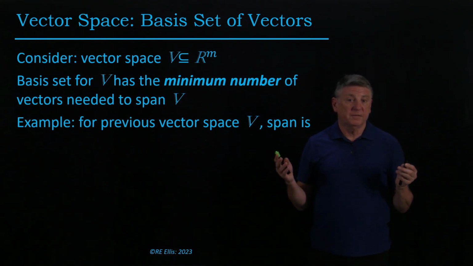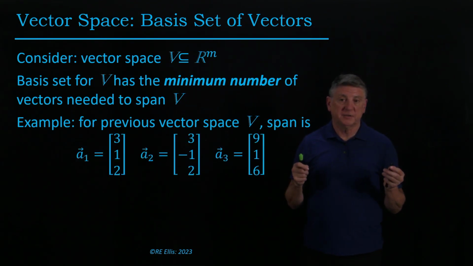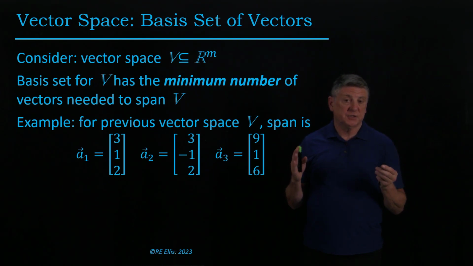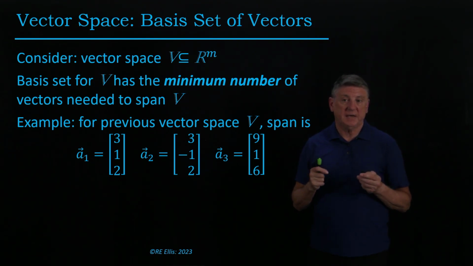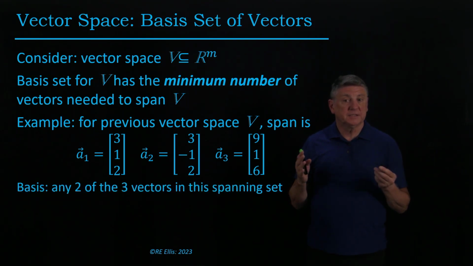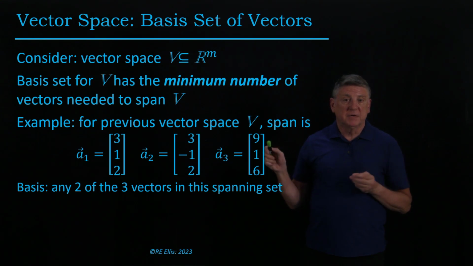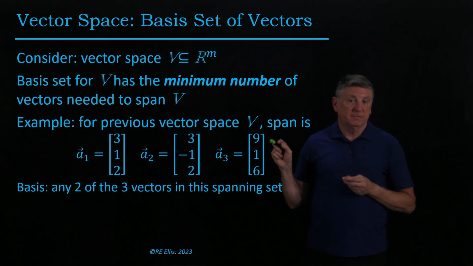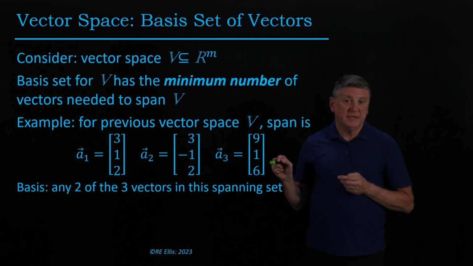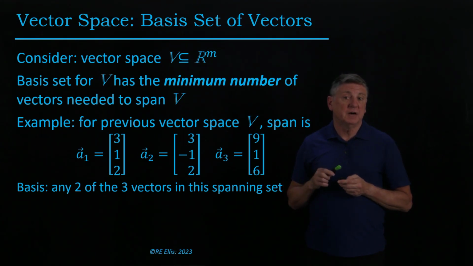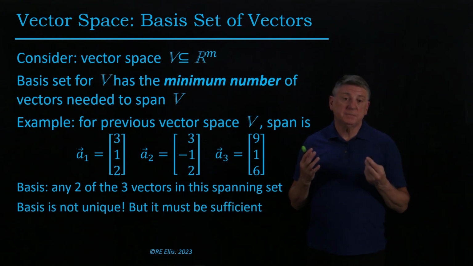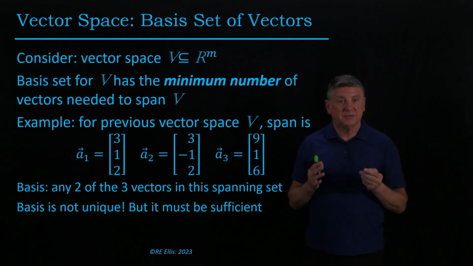So for our previous example of a vector space, a span is the columns of that matrix A. A basis would be any two of the 3 vectors that are in this spanning set. But we can't have all 3 because we can see that, for example, this vector A sub 3 is a linear combination of A sub 1 and A sub 2. So a basis isn't unique, but it has to be sufficient.